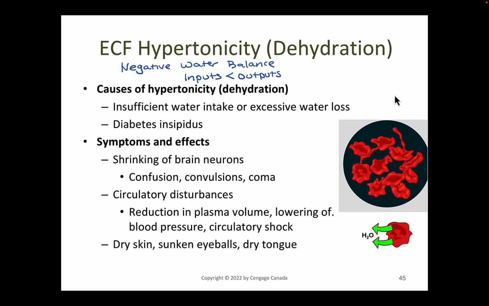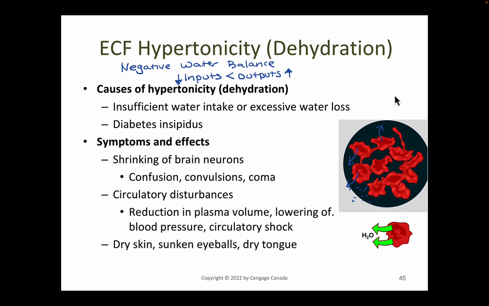And because of this, we are going to have hypertonicity, where the outside of the cell is more concentrated than the inside, and water wants to move where it's more concentrated, out of the cells. Now we can get into this state by either insufficient water intake, so if our inputs are too low, we're not drinking enough water, or because we're losing too much. So for example, excess sweating, running a marathon on a hot day.